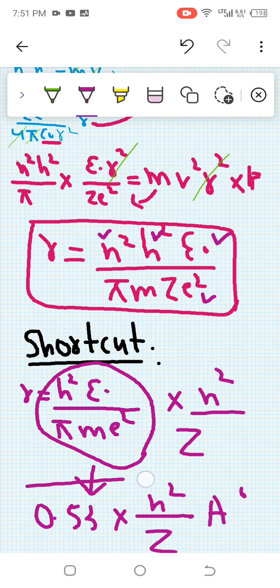This is a simple way whenever you have to find the radius of anything.